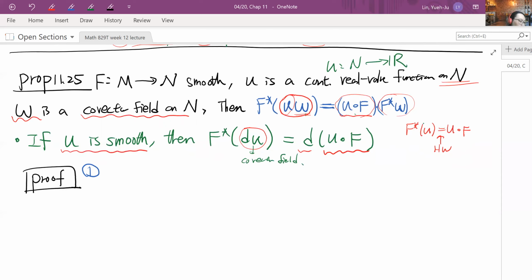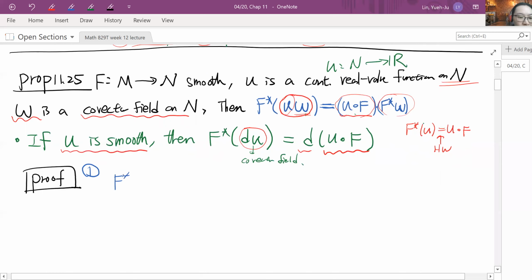For the first one, for this pullback of the covector, I want to evaluate it at P and see what it looks like. When I evaluate at P, it becomes a single covector.